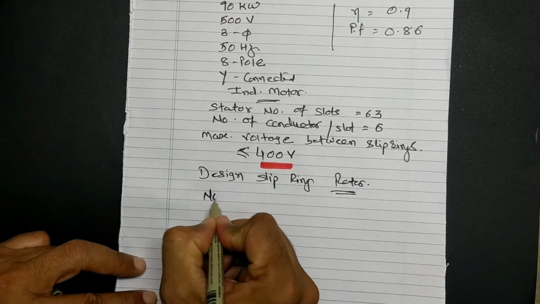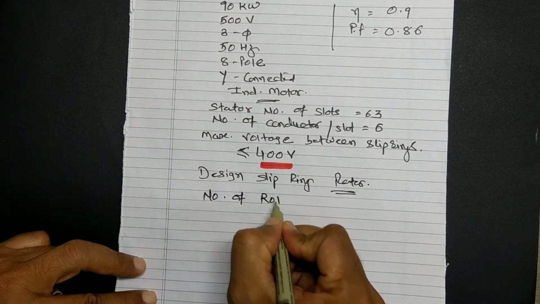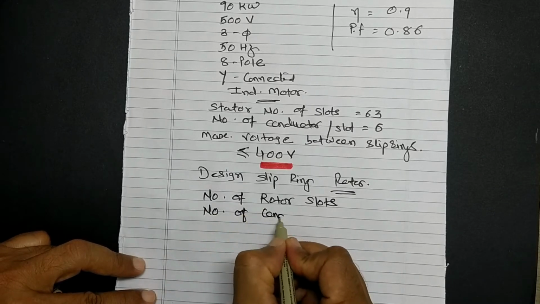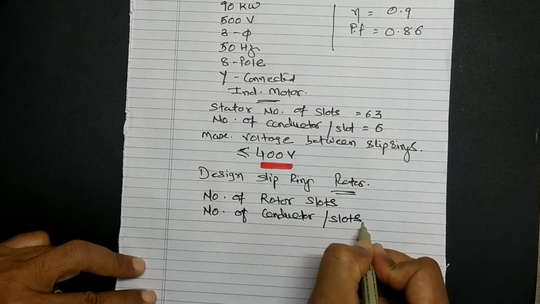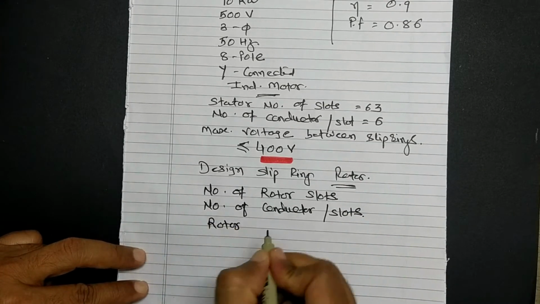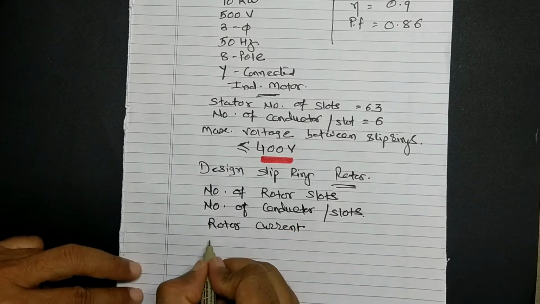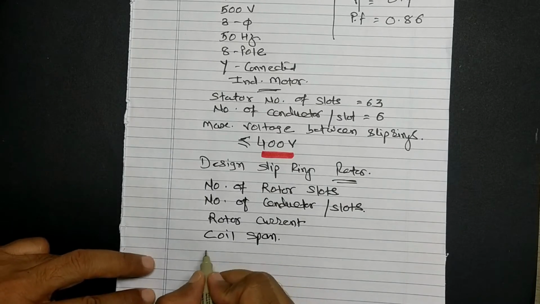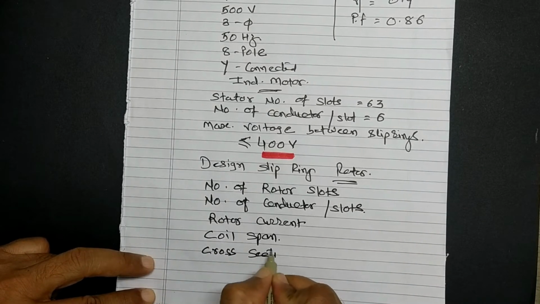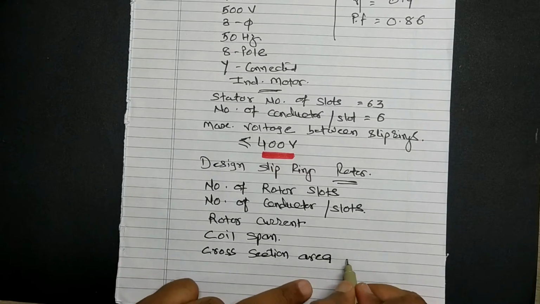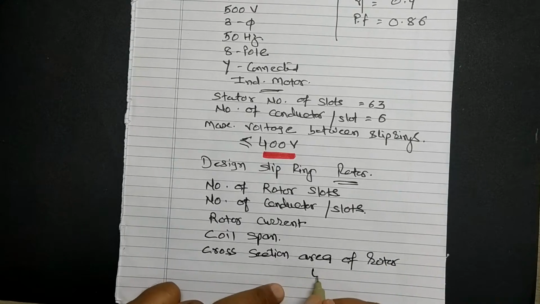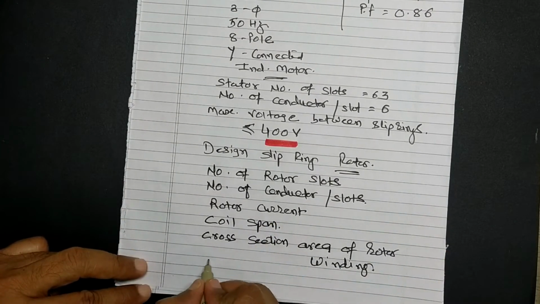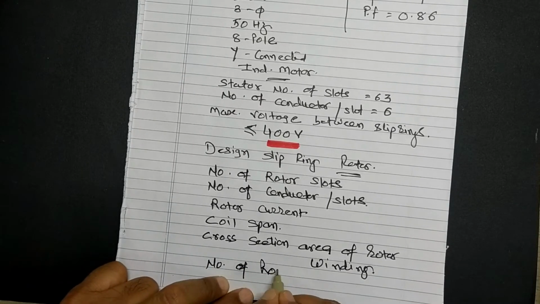So we need to find number of rotor slots, number of conductors per slot, rotor current, rotor coil span, cross sectional area of rotor winding, and number of rotor turns.